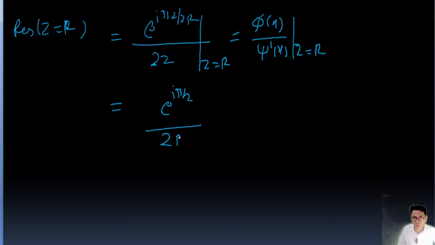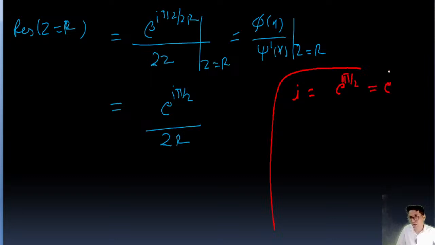Okay, and now I'll tell you the thing, you should note down. Value of e to the power iota pi by 2 is iota, or e to the power iota pi by 2 value is i.